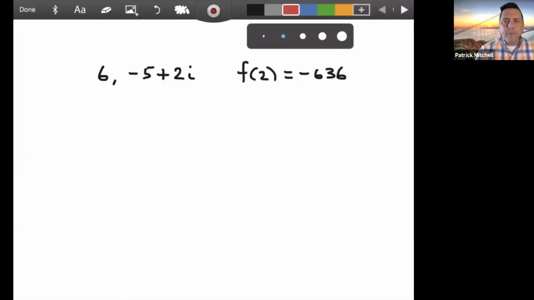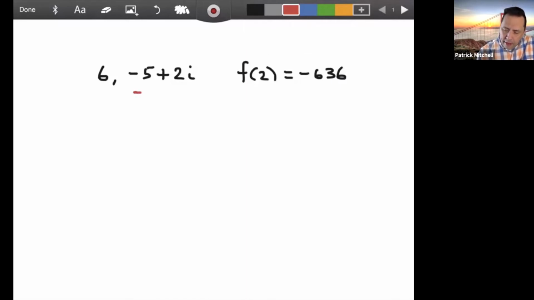Okay, so the first thing I want to point out to you, since -5 plus 2i is a 0 of this mystery polynomial, then that must mean that so is -5 minus 2i.